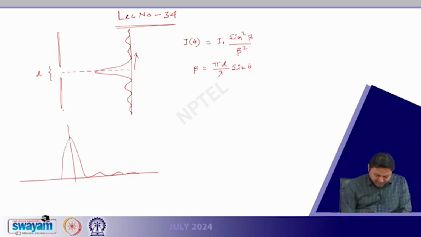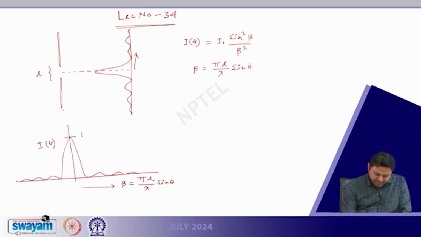This is a symmetric structure, a sinc function, and along this direction we have beta, which is pi multiplied by d divided by lambda sine theta, and this is intensity as a function of theta that I plot.